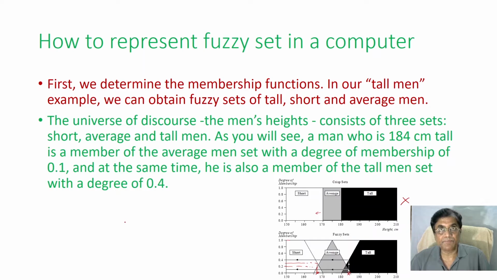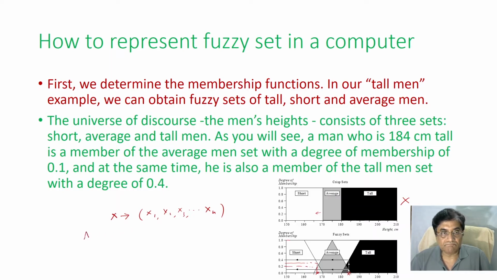Fuzzy set. So you can develop a fuzzy set in a more general way. Say this is the universe of discourse, and you have elements x1, x2, x3, xn, and each element has some membership value. So I can create a fuzzy set, okay.